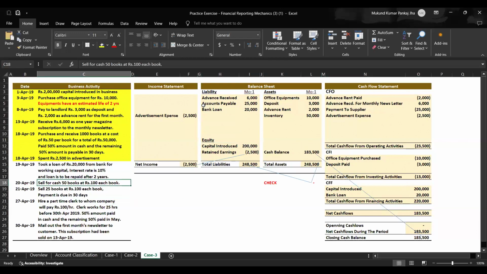Loan will be my liabilities. No worries, Swapnil. But make sure you go through the recordings. Next, interest expense. So let me prepare a working note.